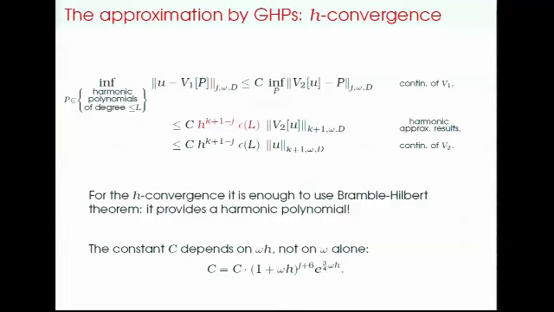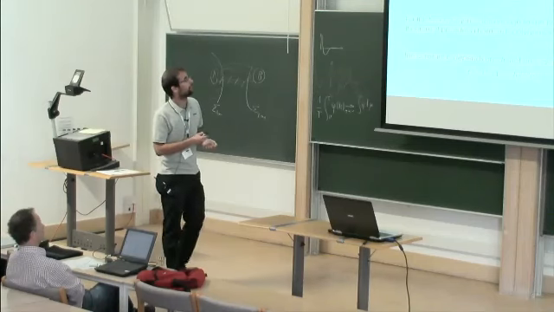So, if we are interested in the h convergence, we can work like this. We say the best approximation of our Helmholtz solution U by generalized harmonic polynomials of degree at most L is bounded by the same problem translated into the harmonic setting, thanks to the continuity of V1.